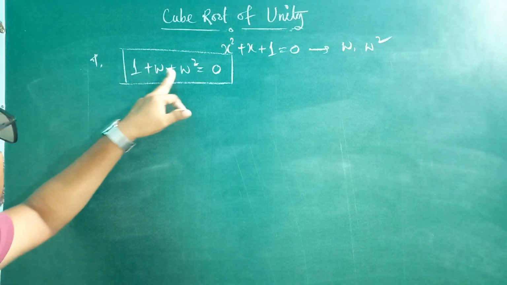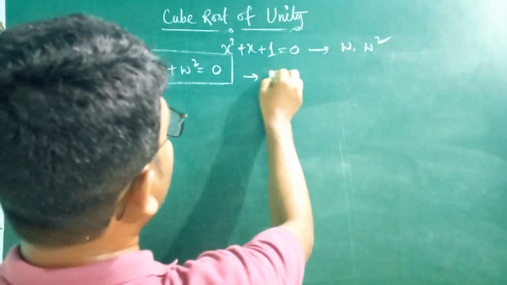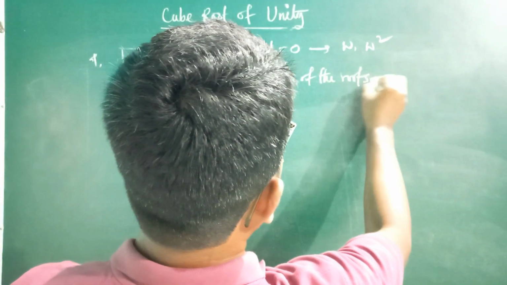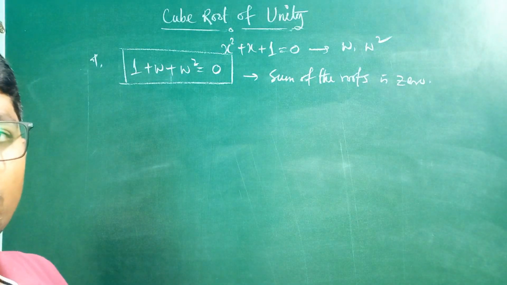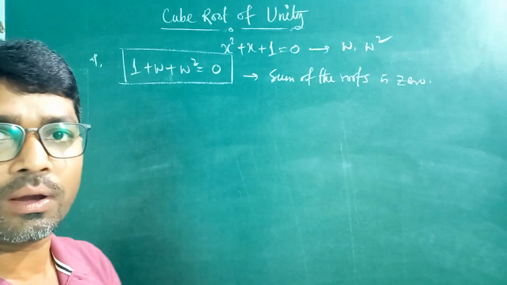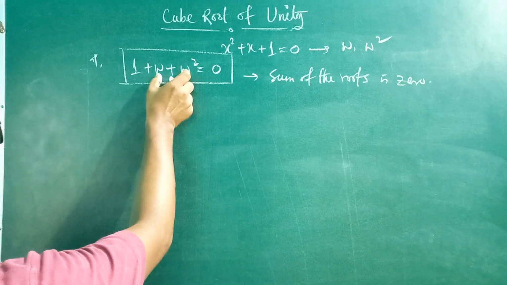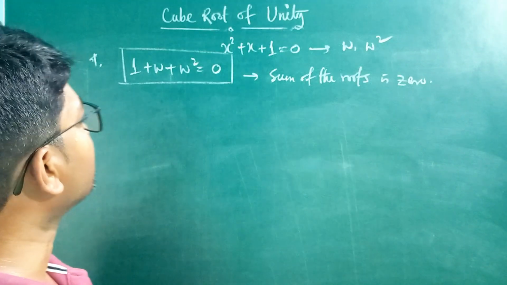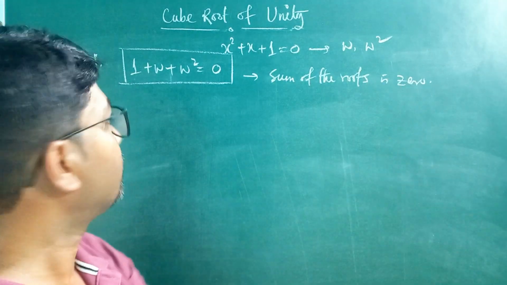You see, this expression is the sum of the roots. That is, the sum of the roots is 0. That is your fourth property, and this one is also very important in calculating problems on omega. We can replace 1 plus omega by minus omega square, or omega plus omega square by minus 1. In this way, we can calculate problems on omega very easily. So here also the sum of the roots of cubic unity is 0.